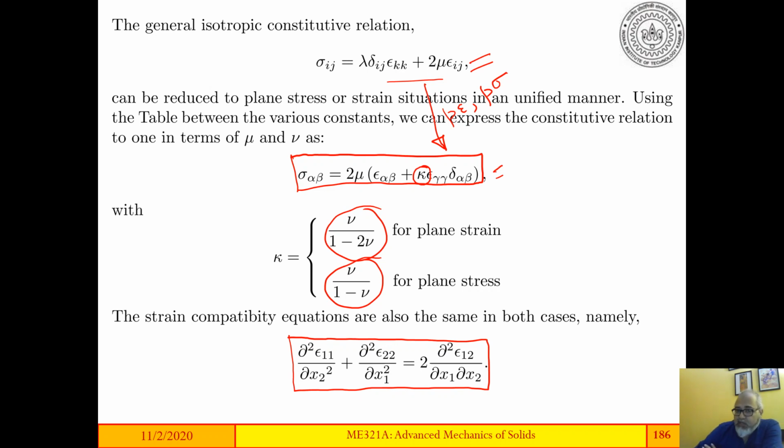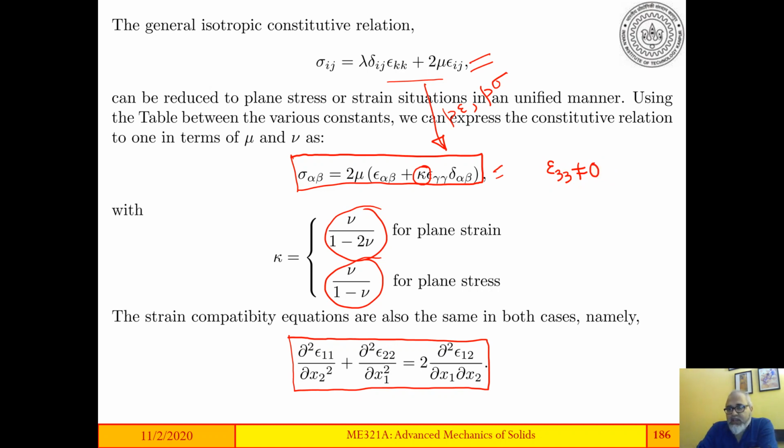but there are important differences. In plane strain, the strains can be drawn on the x1, x2 plane completely, but the stresses cannot be, because there's a sigma 3 3. In plane stress, if you work it out, you will see that the stresses can be drawn on the x1, x2 plane, but epsilon 3 3 is not equal to 0, though sigma 3 3 is equal to 0.